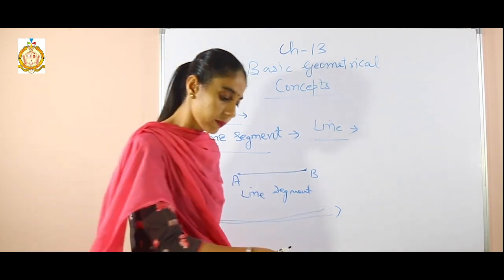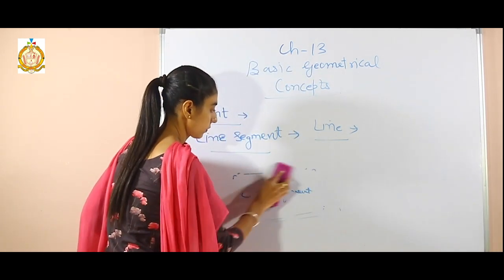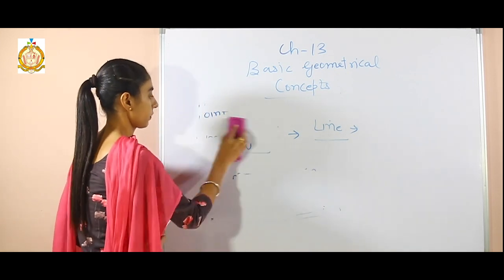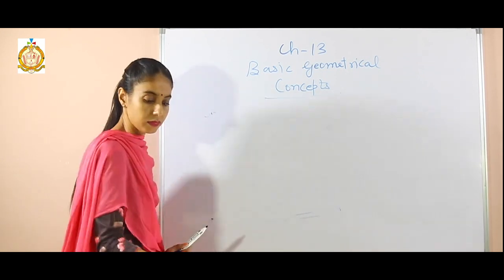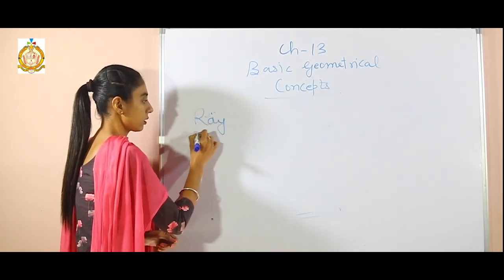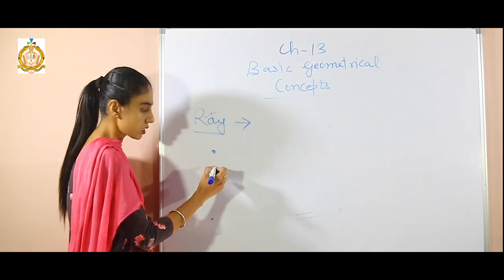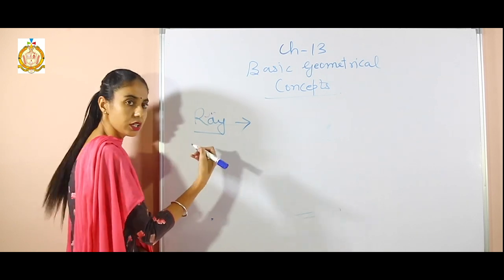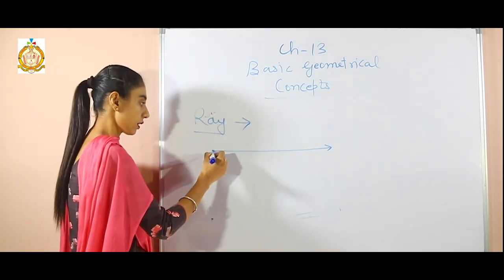Next is the ray. It has only one endpoint. Suppose this is point O. You can draw the line on this side endlessly. Clear?